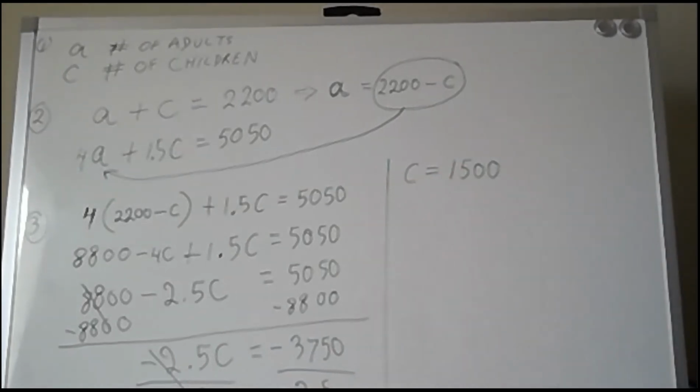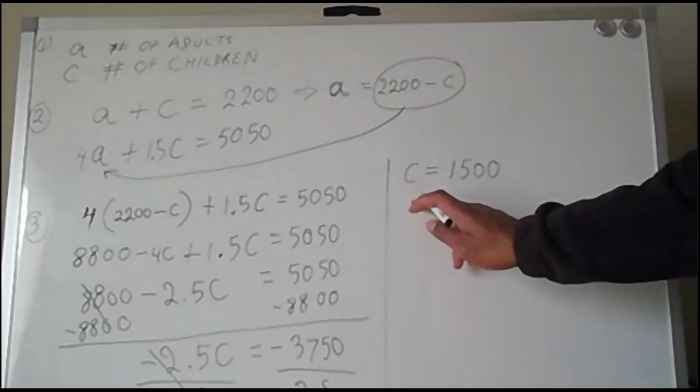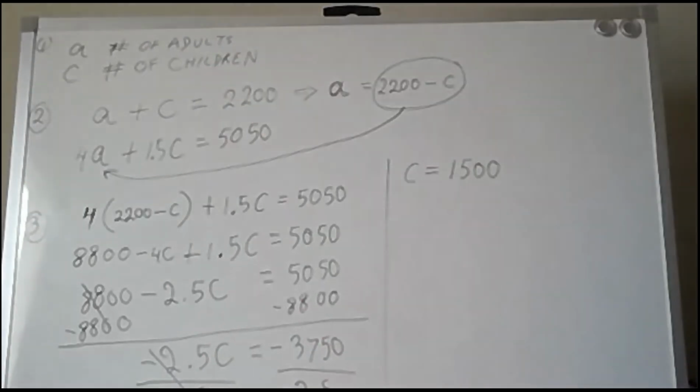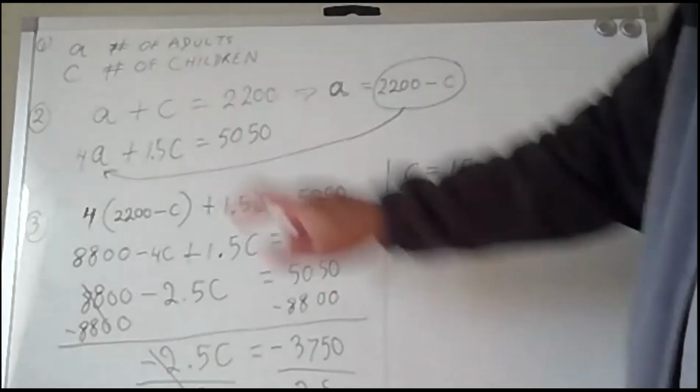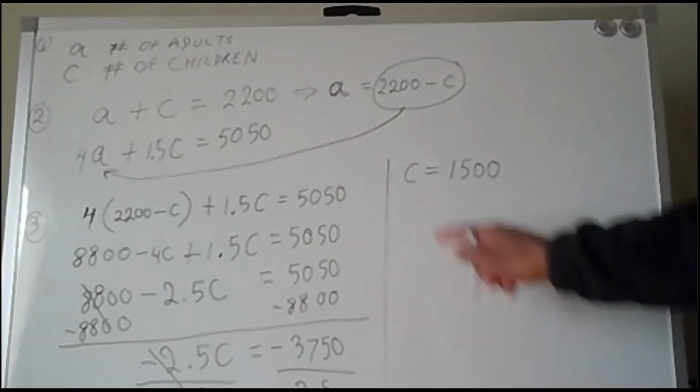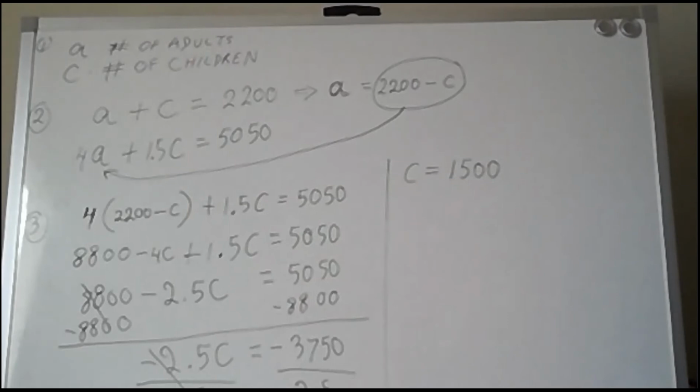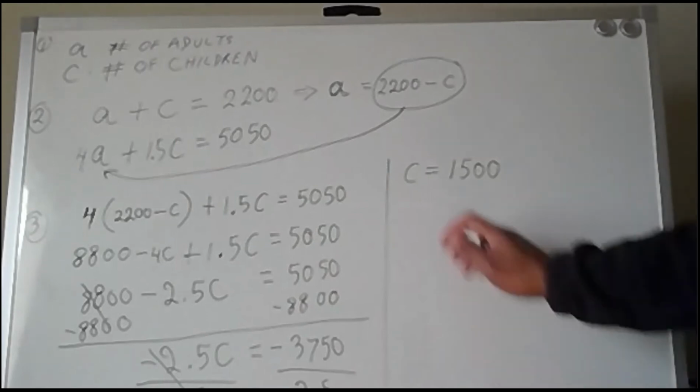All right, and so remember, C stands for the number of children, right? So if C stands for the number of children, then we know that there are 1,500 children. And remember, we also know that there were 2,200 total people. So how many adults are there?